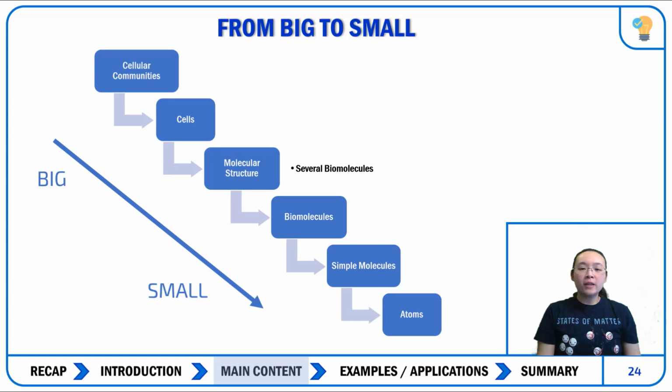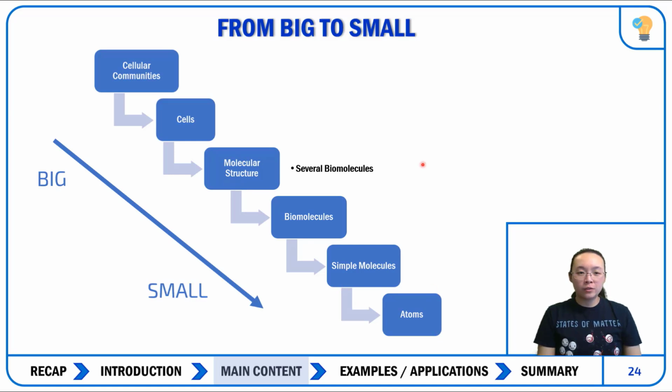So what exactly is molecular and cellular biophysics? First of all, this course focuses a lot more on the molecular side of things. In this chain, I've ordered things from big to small, starting from cellular communities and going down to cells, to molecular structure, to biomolecules, then single molecules, and then atoms.